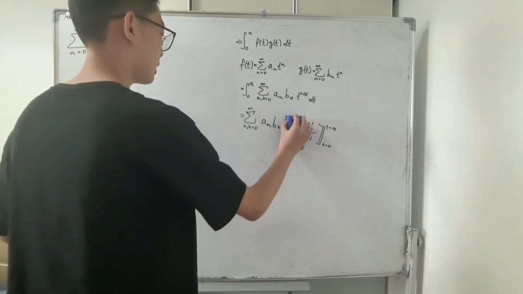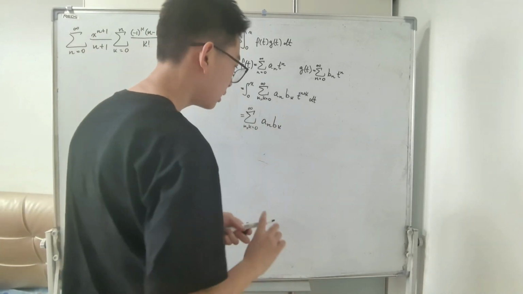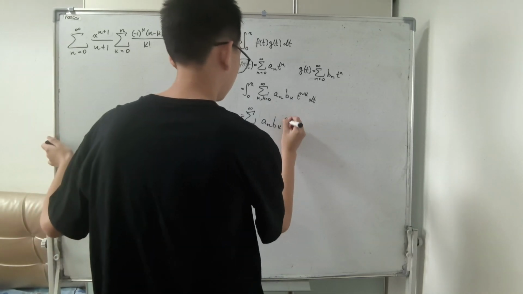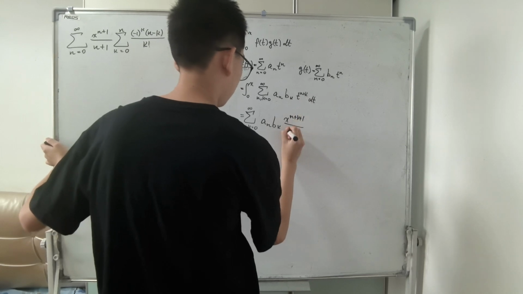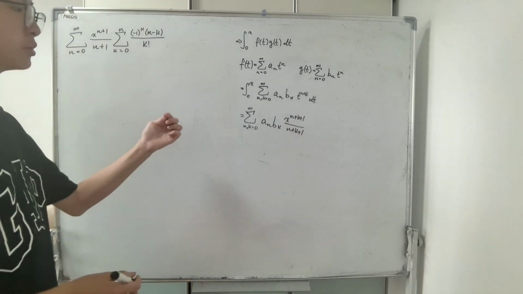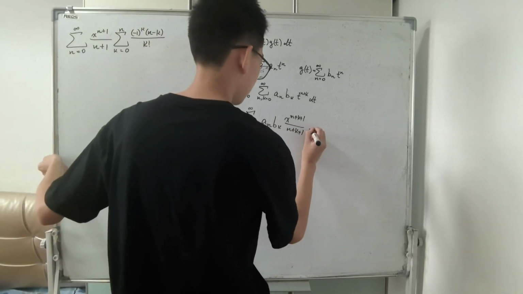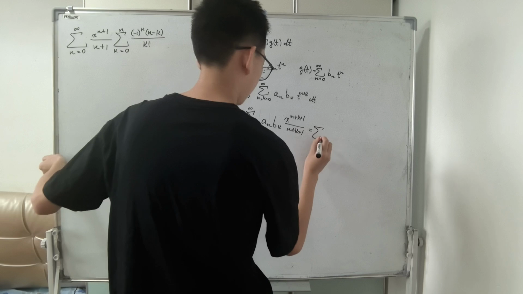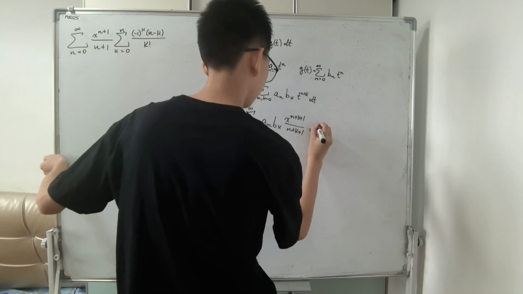So what we actually get is x to the n plus k plus 1, divided by n plus k plus 1. At this point, we're going to rewrite this as a sum, with n and k going from 0 up to infinity.